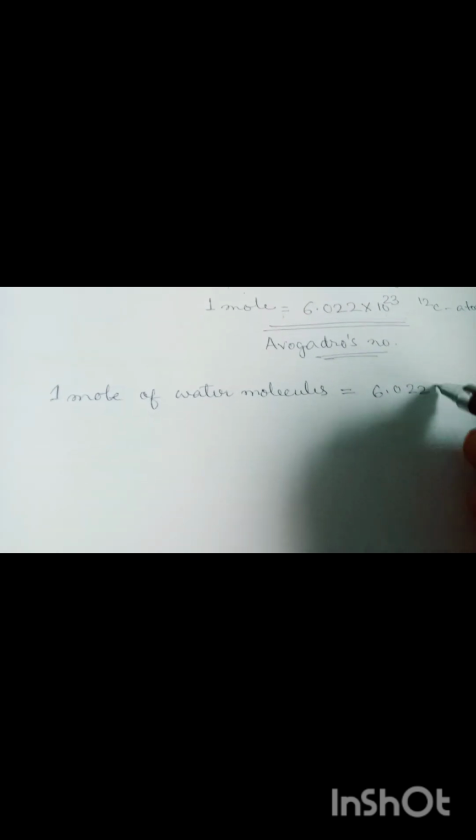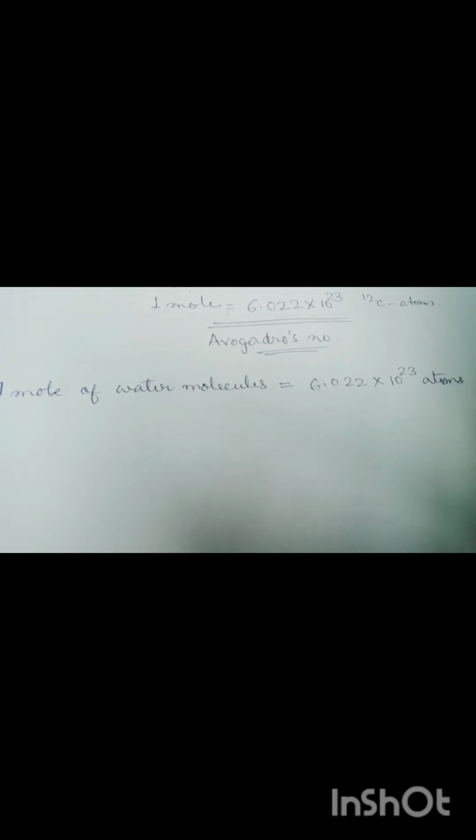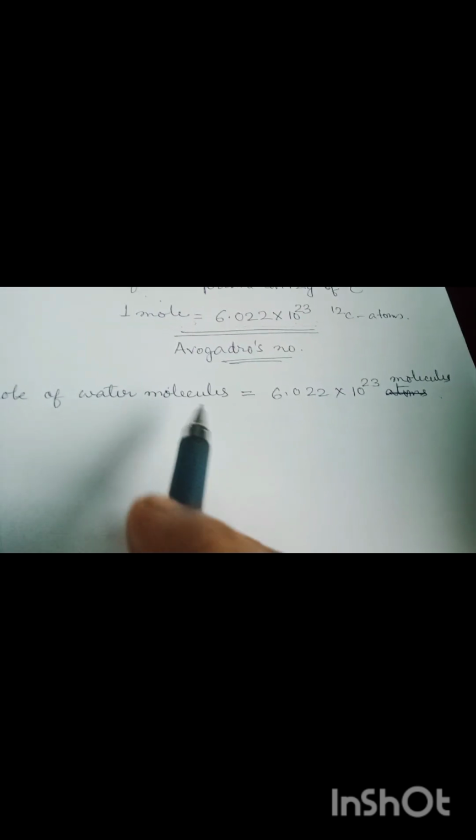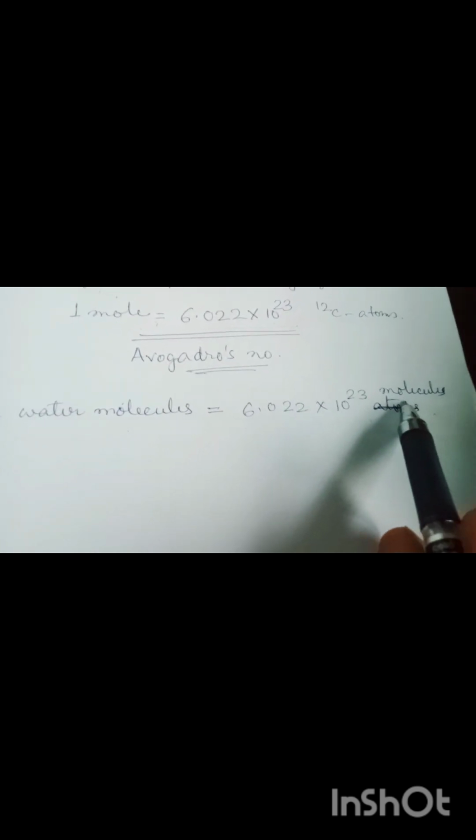Therefore, 1 mole of water molecules is always equal to 6.022 into 10 to the power 23 water molecules. It is a water molecule, therefore it should be molecules. If the substance is in molecular form, then the Avogadro's number will be in molecules.